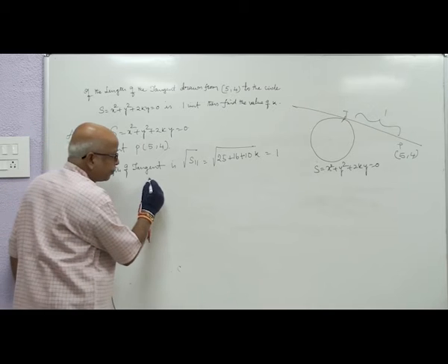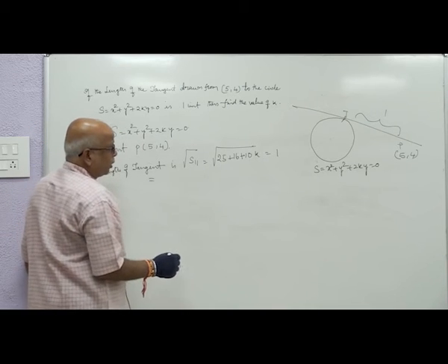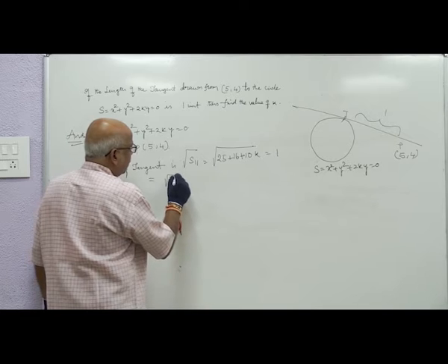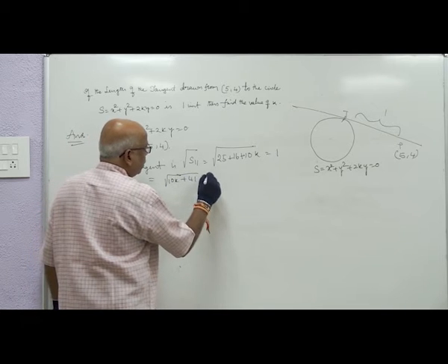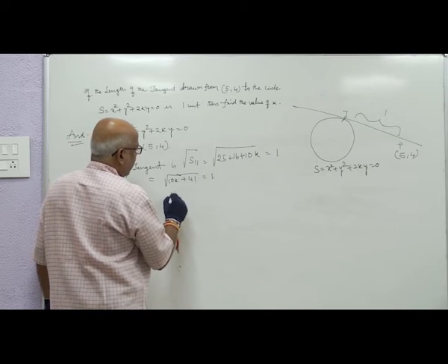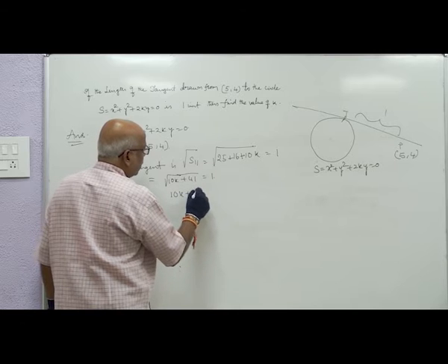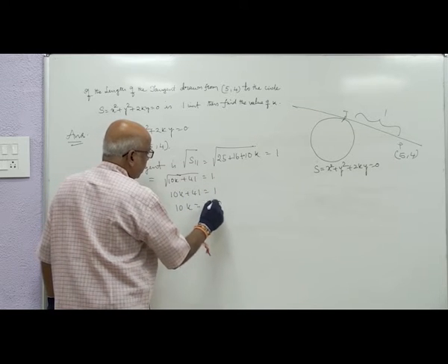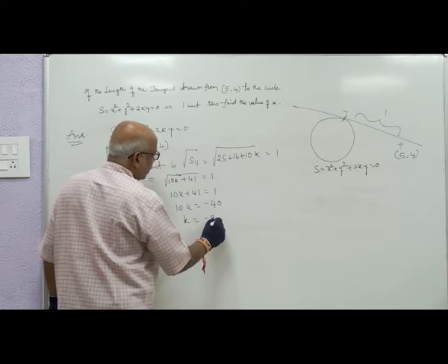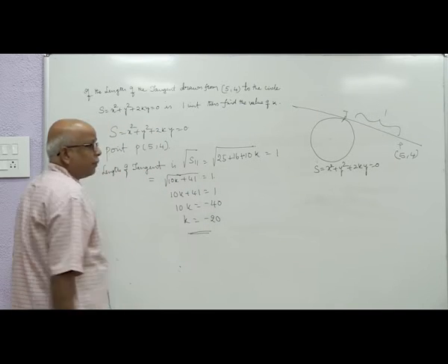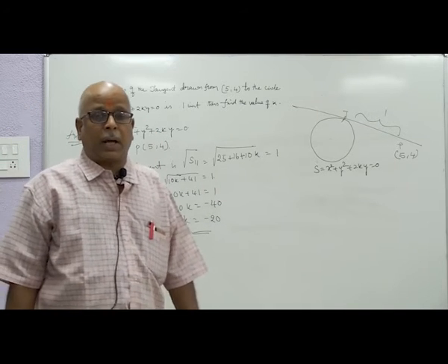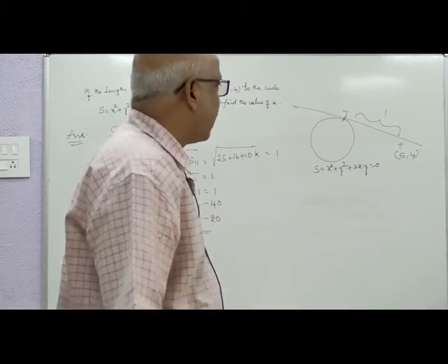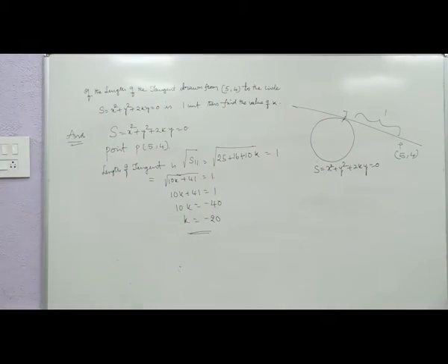Here you see, 25 plus 16 is 41, root of 10k plus 41 equal to 1. 10k plus 41 equal to 1. 10k equal to minus 40. k equal to how much? Minus 20.